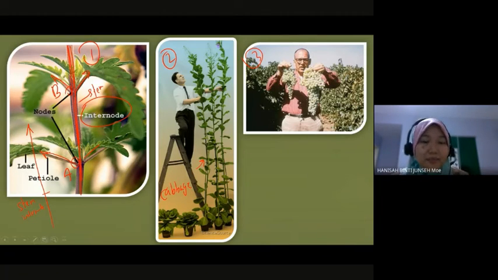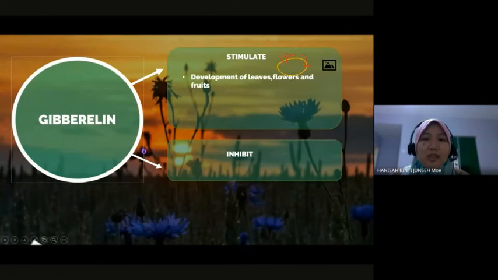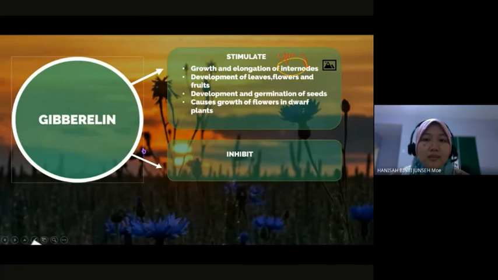All right. However, gibberellin helps to inhibit the development of roots. All right, that is gibberellin.